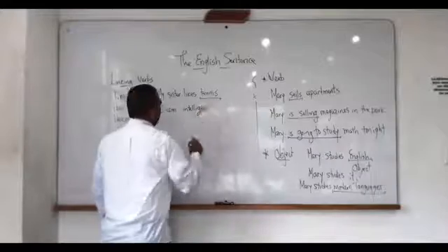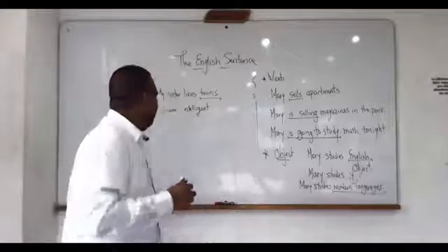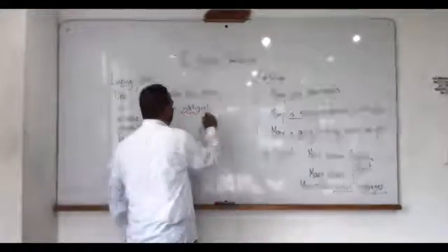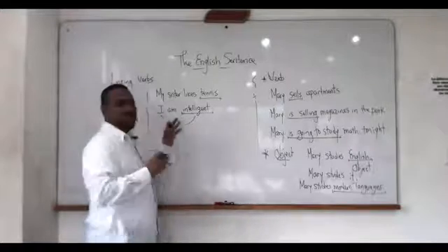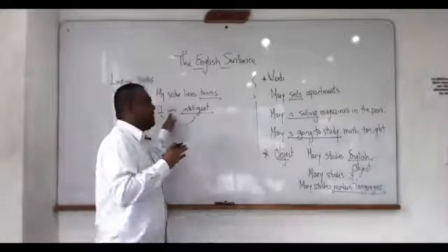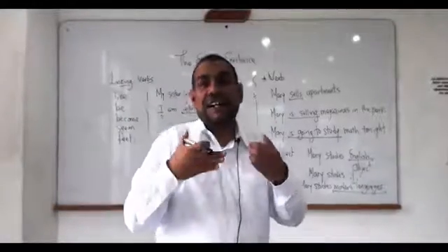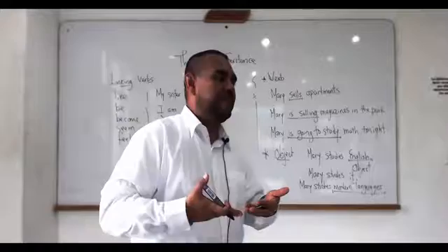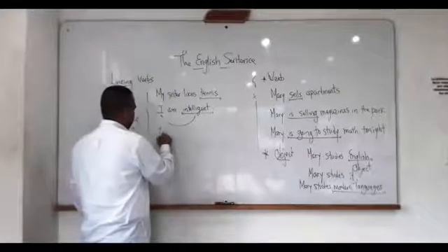Look at this example, okay? I am intelligent. Okay, intelligent, which is an adjective, is linked to the noun starting from the use of the verb to be. So this is a linking verb. This is not considered an object, but this is a complement. Intelligent. Become.